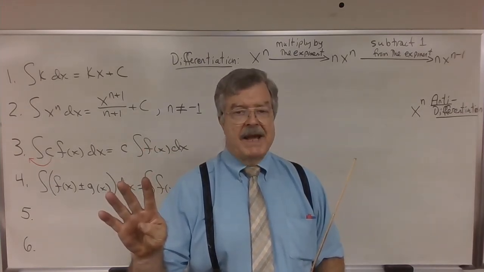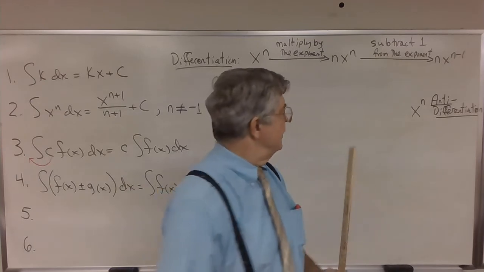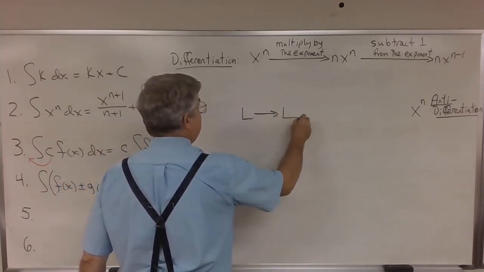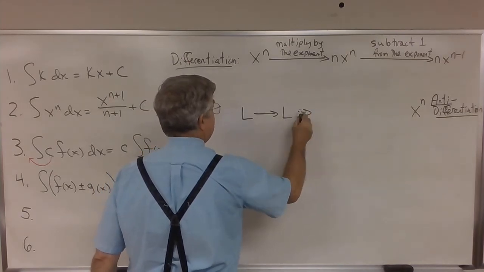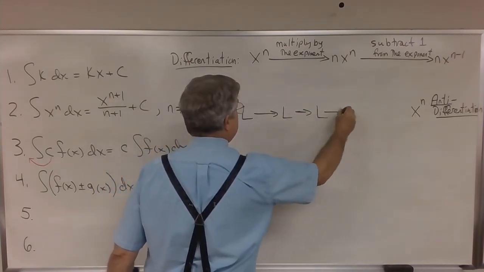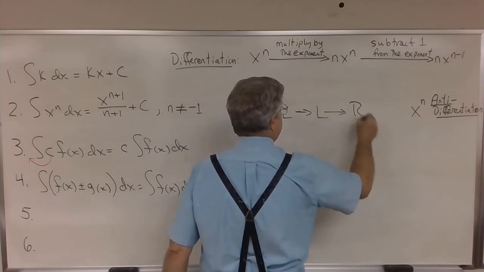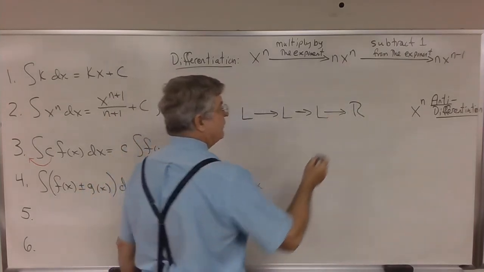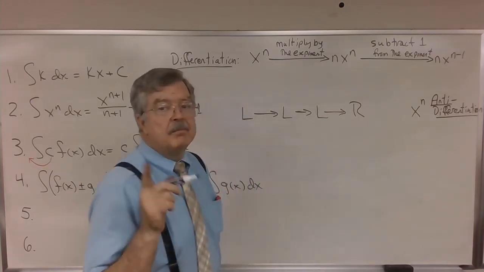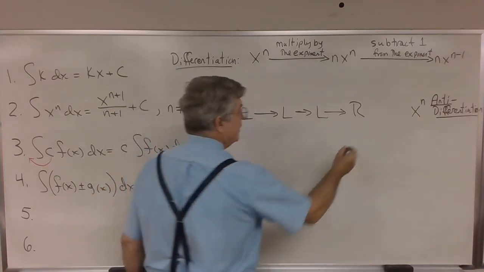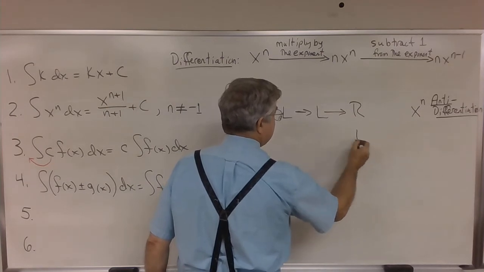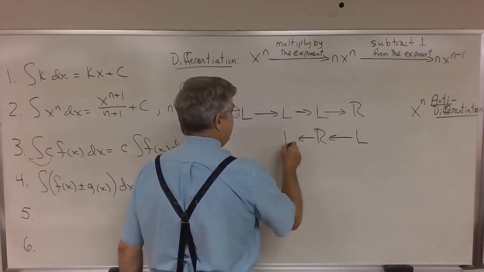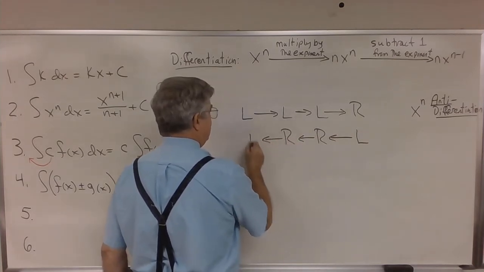How are you going to get back? We have to undo these steps, but in reverse order. So we'll take our first left, and then we'll take a right, we'll take another right, we'll take another right.